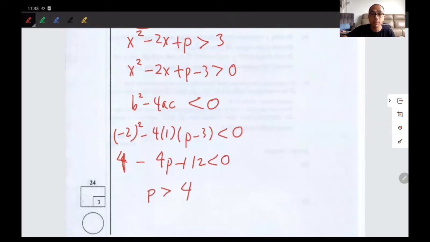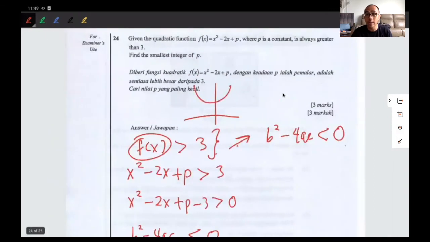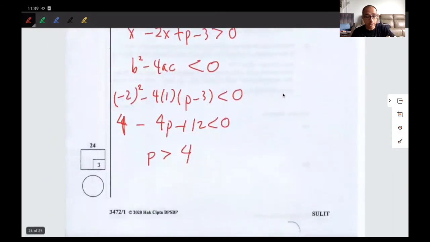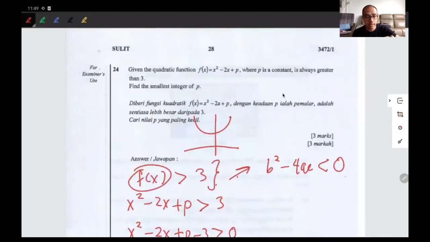Oh, sorry, yeah, p is more than 4. So the smallest value, dia suruh cari the smallest integer. So the smallest integer after 4 is p equals to 5.